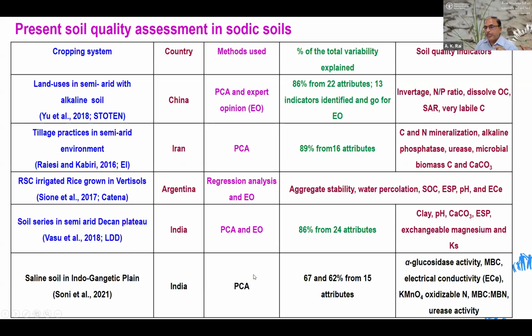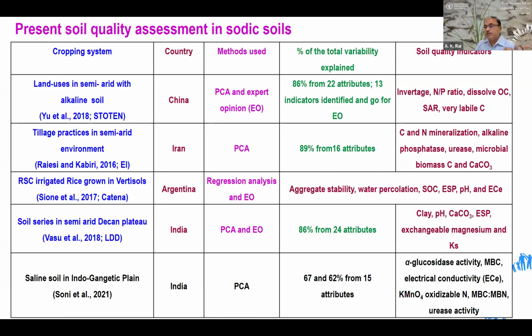And whatever soil quality indices have been developed, most of the indices developed throughout the world use more than 15 attributes to predict about 60 to 80% variability in the production goals. And 13, 15, 20 variables is a very huge number.